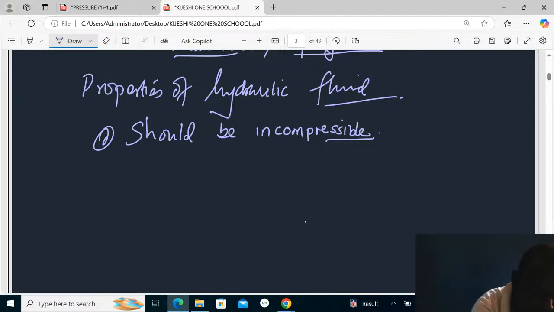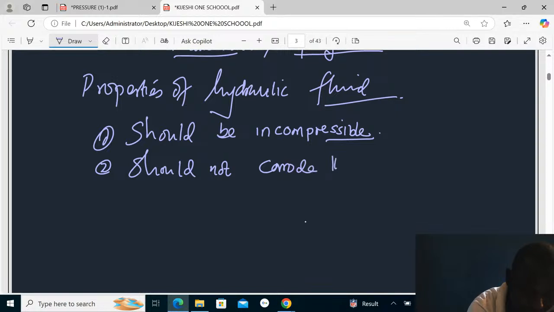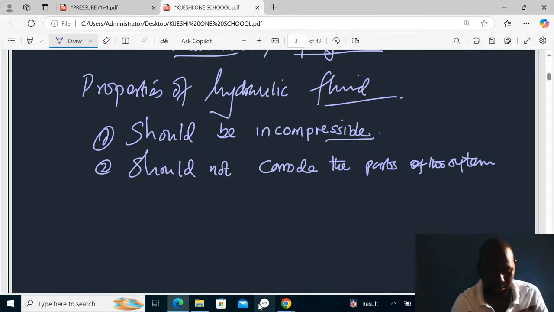Number two, should not corrode the parts of the system.